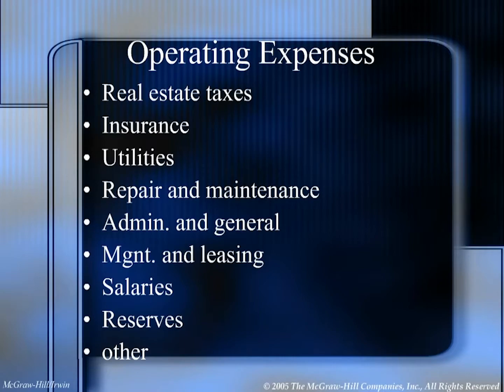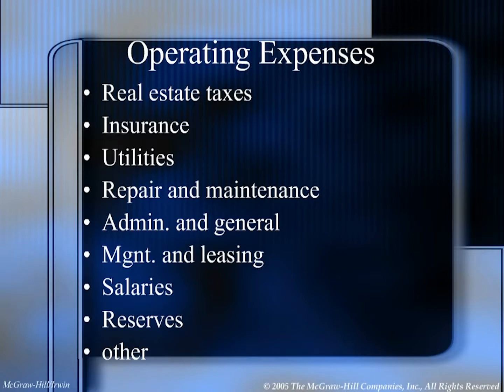The big one here that tends to differ from one appraisal to the next, or one sale to the next, is the reserves. And it sometimes is a big number, sometimes it's not. But when you have major capital expenditures that you think are going to be very large and affect the value for about 3 years, something like replacing all the windows in the building, replacing an elevator, replacing the driveway, the pavement, the parking lot, things like that, large aspects that will take a long time to do and add value to the property, we call those the reserves.